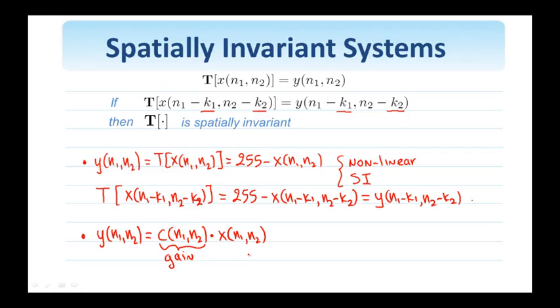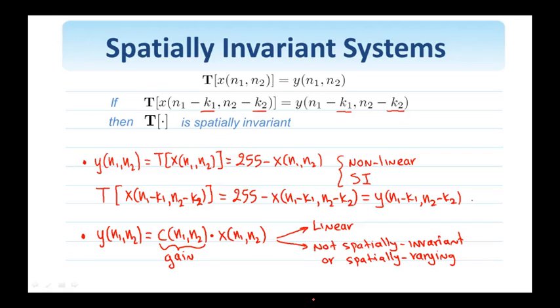It is rather straightforward for you to verify that such a system is linear but is not spatially invariant, or it is spatially varying. Again, everything we talked about here holds true for one-dimensional, three-dimensional, and multidimensional systems and signals in general.